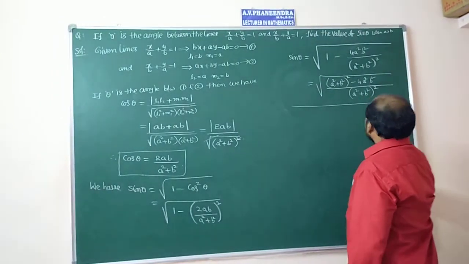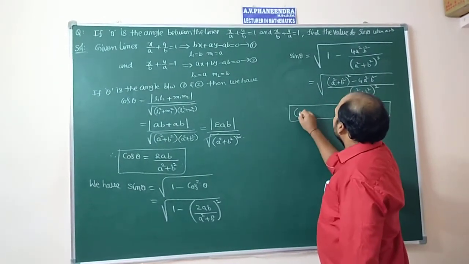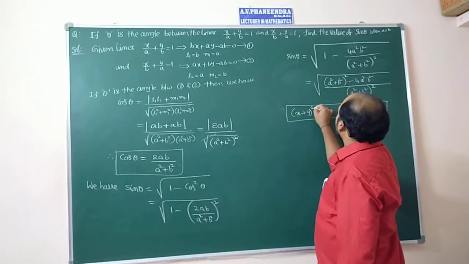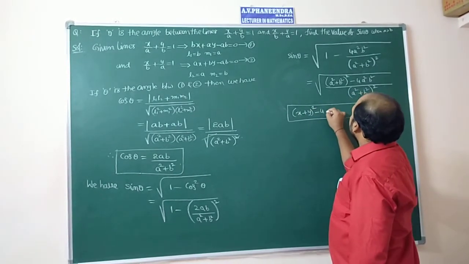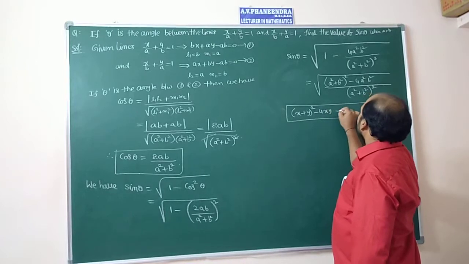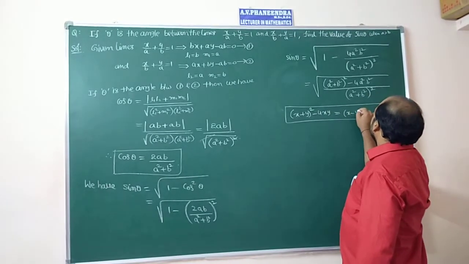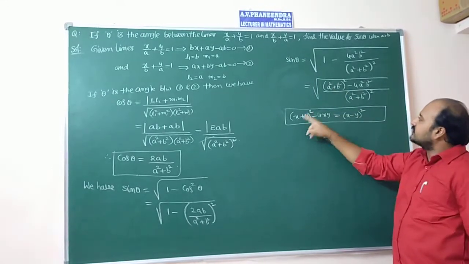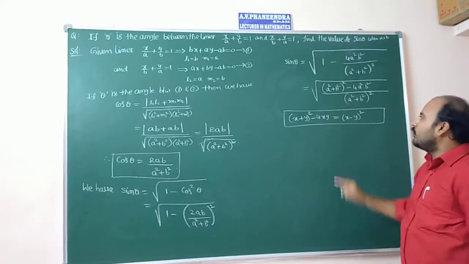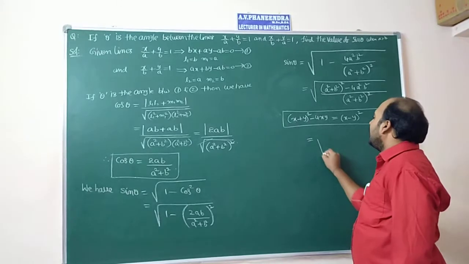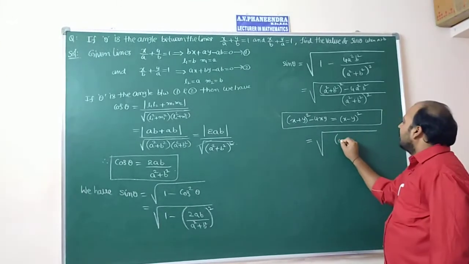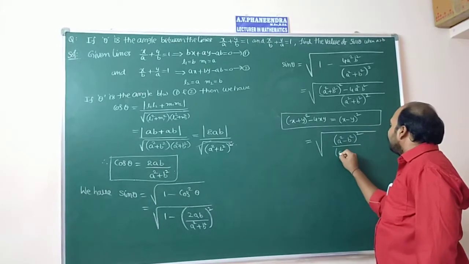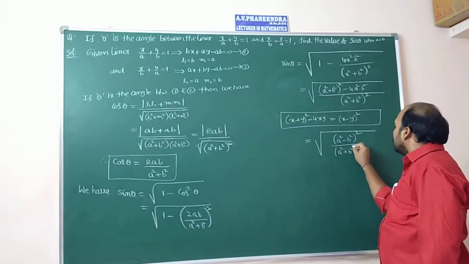We have one algebraic formula: x plus y whole square minus 4xy is equal to x minus y whole square. So in place of x put a square, in place of y put b square. If we replace, that numerator becomes a square minus b square whole square, divided by a square plus b square whole square.